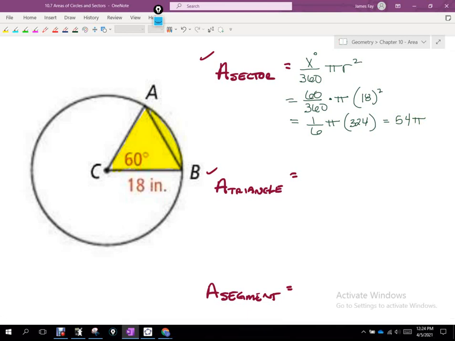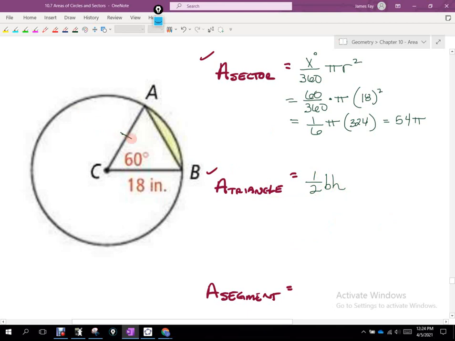Is everybody okay with that? That's the area of the sector. Now we've got to find the area of the triangle. Okay. Well, the triangle formula is 1/2 BH.